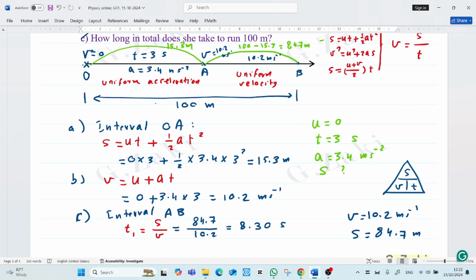How long in total does she take to run 100 meters? The total time T equals T1 plus T2. T1 was 3 seconds and T2 we calculated as 8.3. The answer is 11.3 seconds.